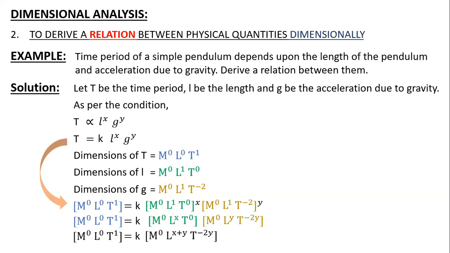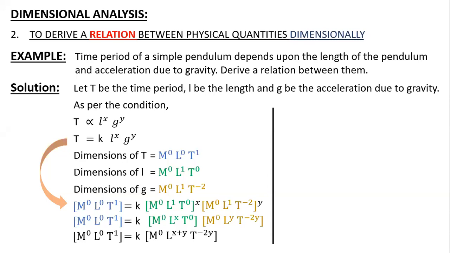Now if the two dimensions are equal, because we are equating them, that means the powers should also be the same on both the sides for corresponding quantities. So I'll just equate the powers.